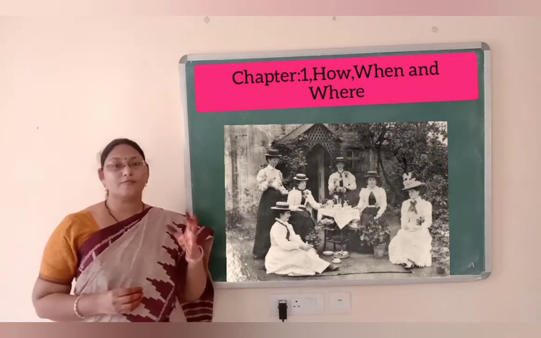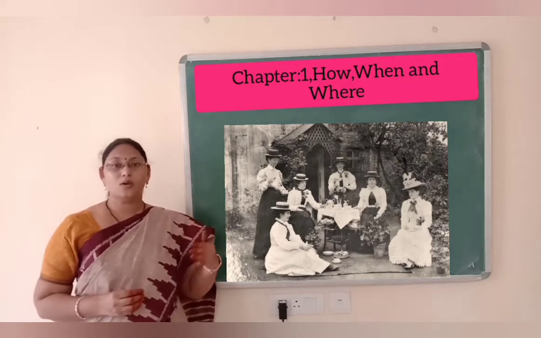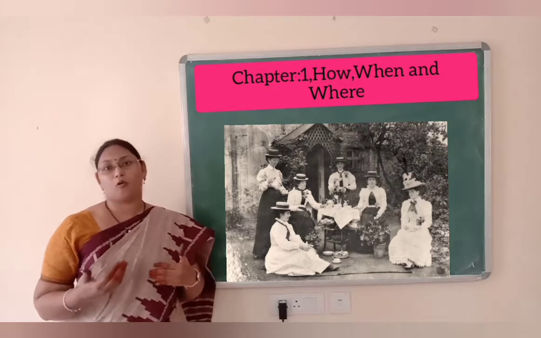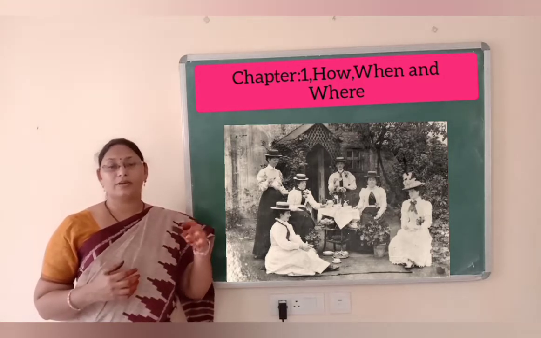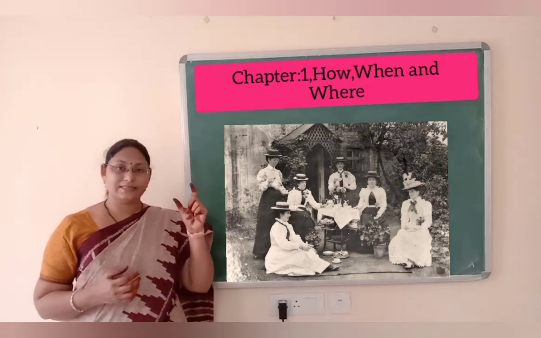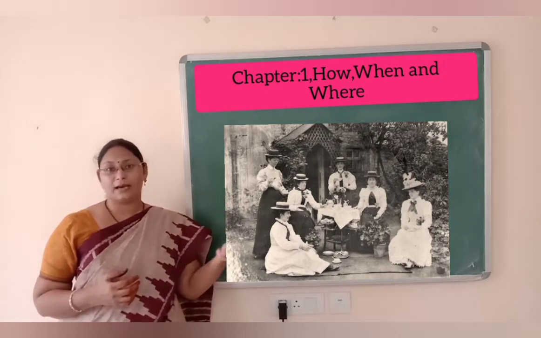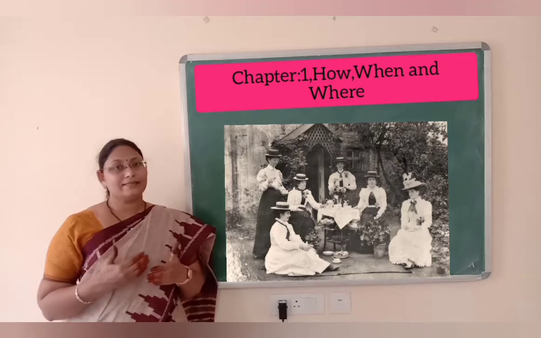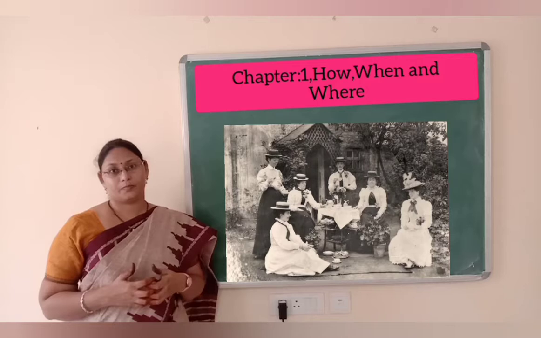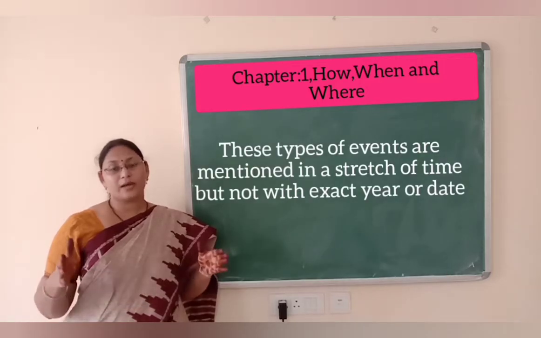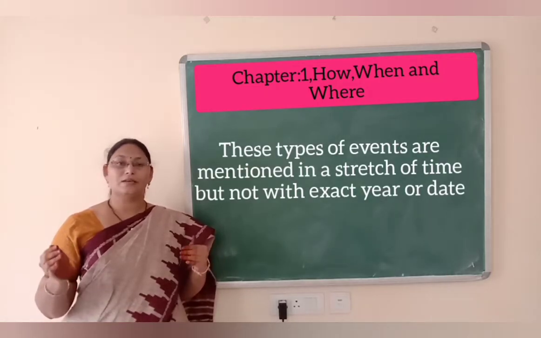Due to the course of time, Indians slowly became habituated to drinking tea and coffee. And we can't mention the exact date of British rule in India. For this type of events, we mention the course of time. Over a stretch of time, these events happened in history.